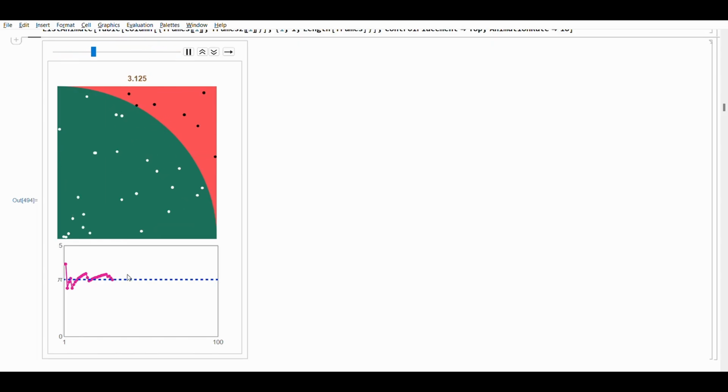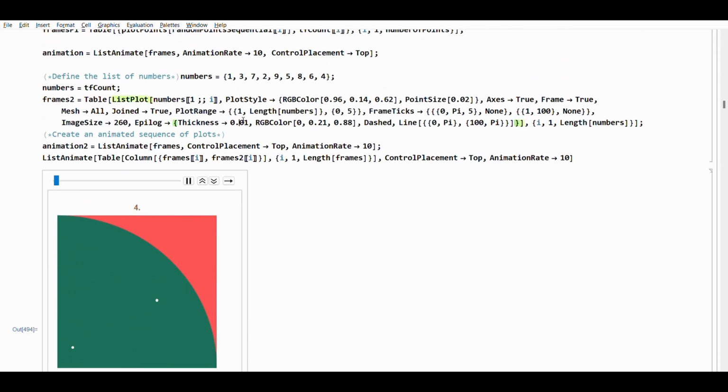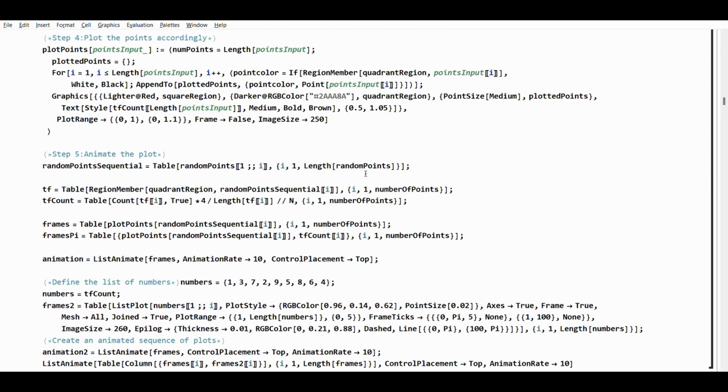Because I am randomly throwing in points, this sequence of convergence to pi will be different each time I run the code. So let me show you by running the code a few times.